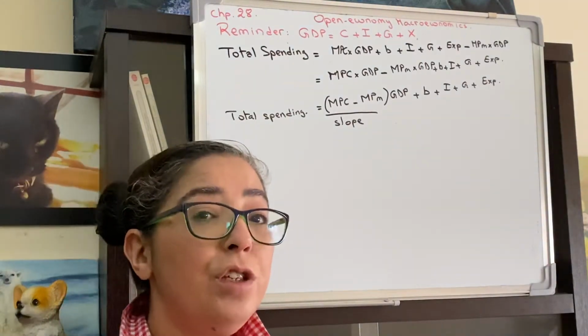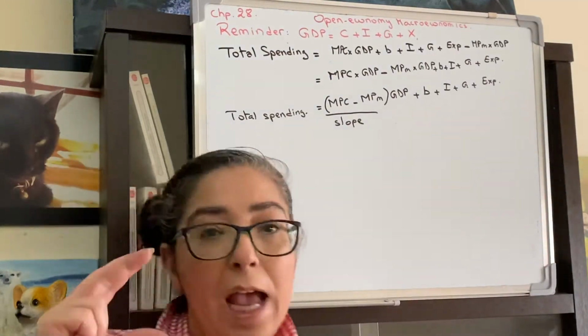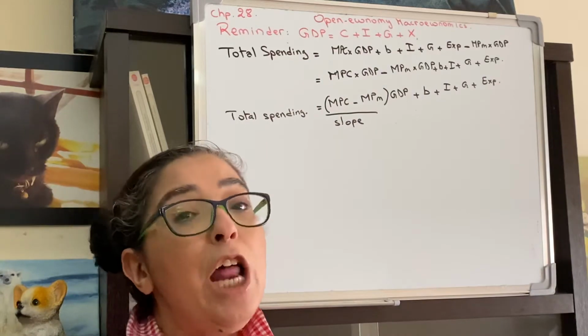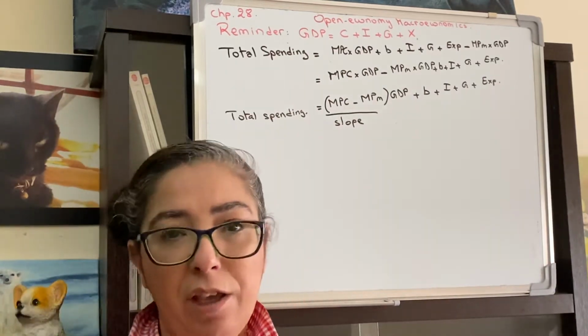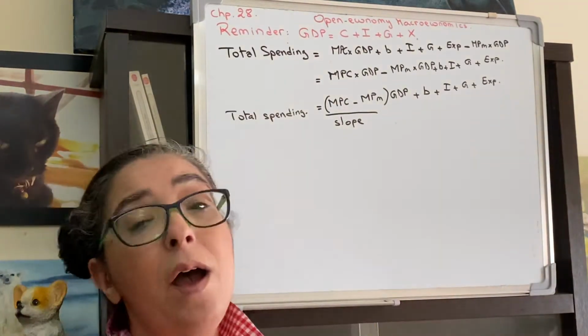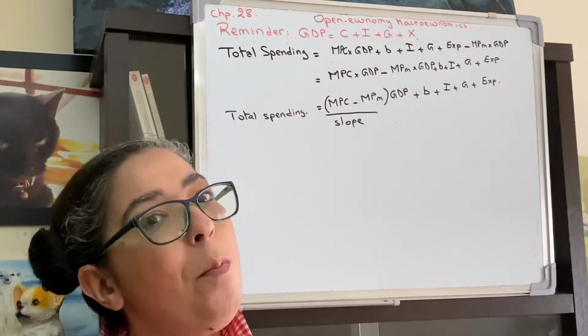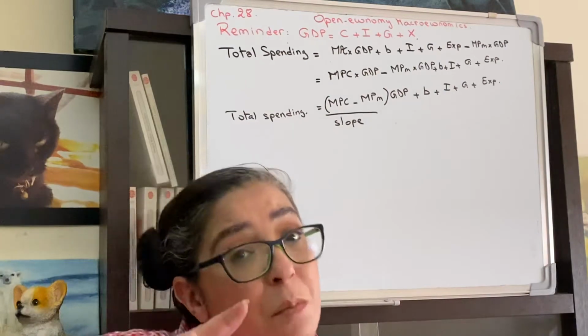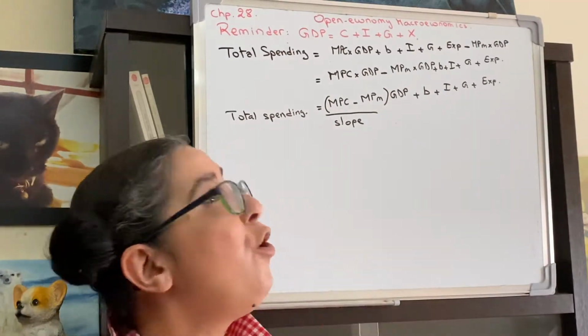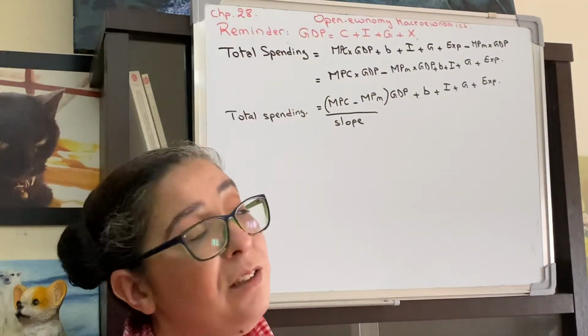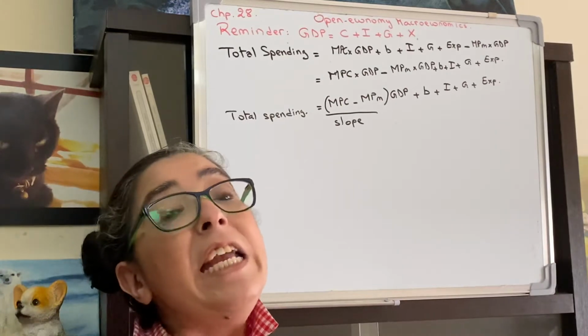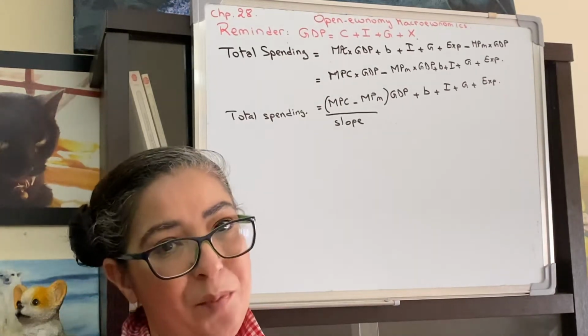So first, in the closed economy, you had MPC being your slope. Now it's MPC minus something. So the slope of the total spending function in an open economy is smaller than the slope of the total spending function in a closed economy. Okay?